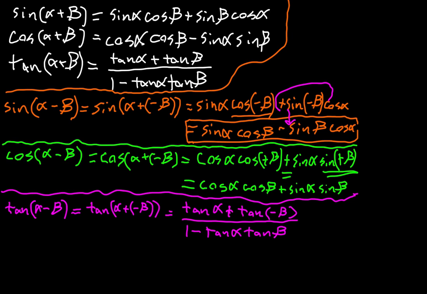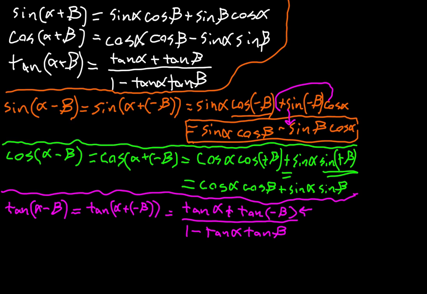And tangent, as you well know, is the quotient between the sine and the cosine. And cosine of a negative value still stays positive. So cosine of x is the same as cosine of negative x. But the sine of negative x is going to be negative sine of x. So this tangent of negative b here is an odd function like sine. It's going to be equal to the negative tangent of b.